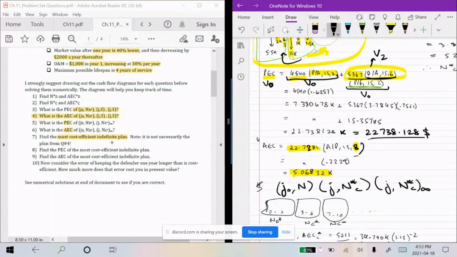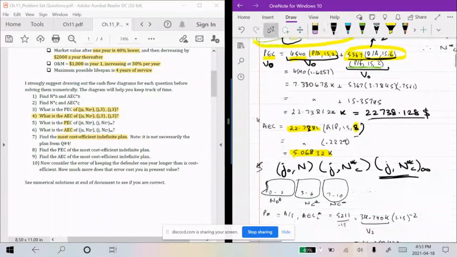This thing gets repeated again and again because they said indefinite plan. So the main thing here is the challenger is always used in its most cost efficient time, the estimated life, while the defender may or may not be used in its cost efficient life.